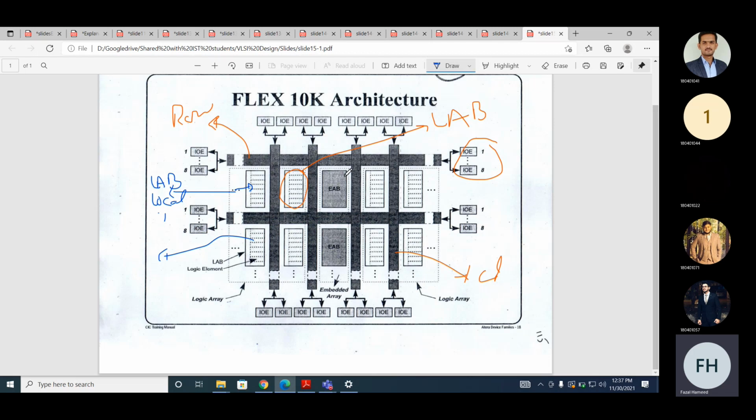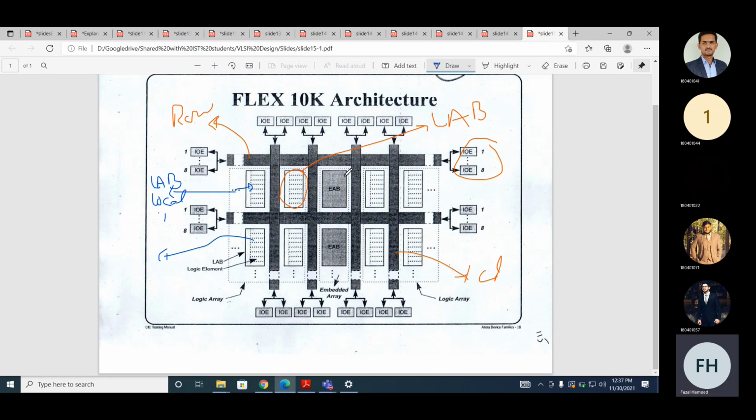Within the Flex 10K architecture, we also have some EABs. This EAB can be used as a memory. It can be configured as 256 multiplied by 8 memory, or 512 multiplied by 4 memory, or 1024 multiplied by 2 memory, or 2048 multiplied by 1 memory.